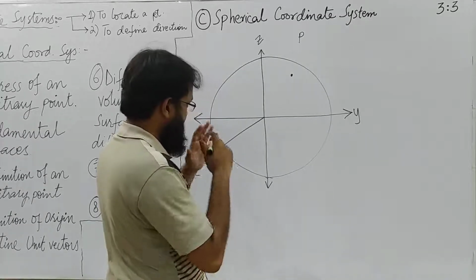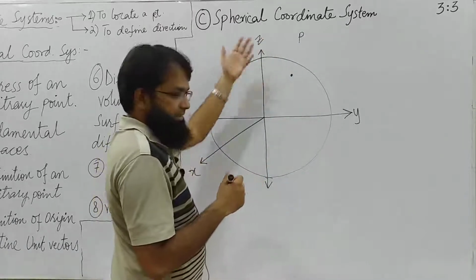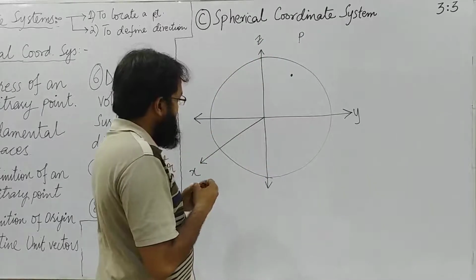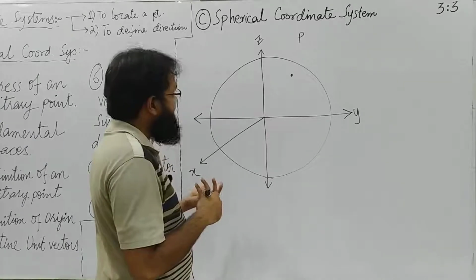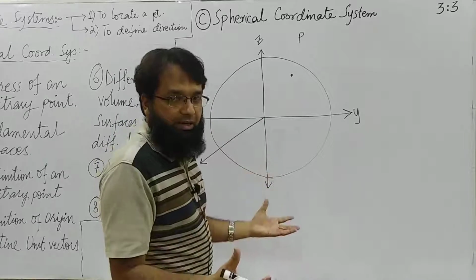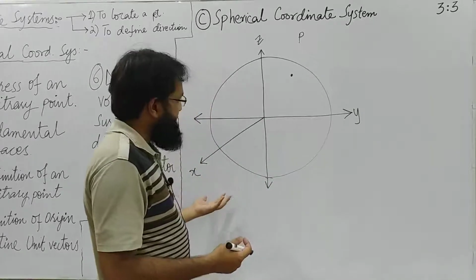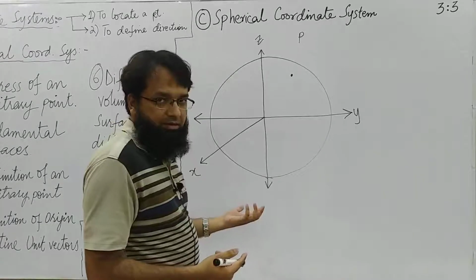Now, we have to establish x, y, z axes, so that we can study the spherical coordinate system relative to the most general case, which was the Cartesian coordinate system. This was the same thing that we did in the cylindrical coordinate system as well.